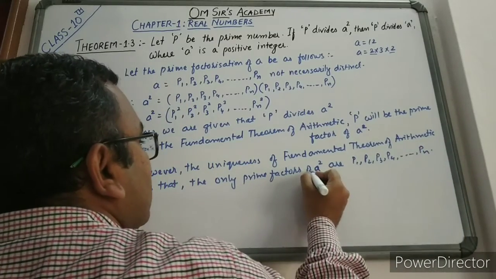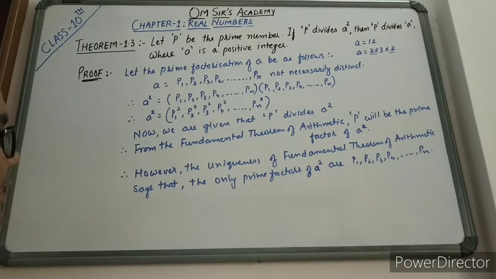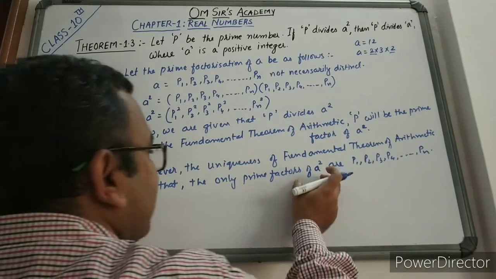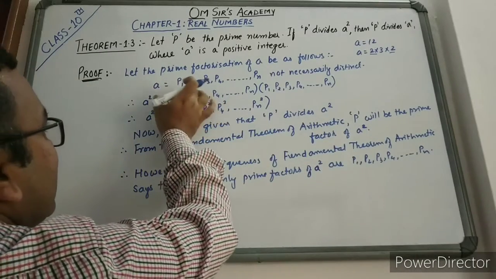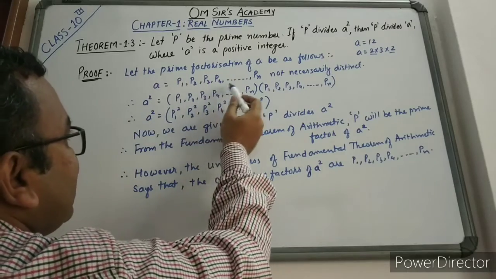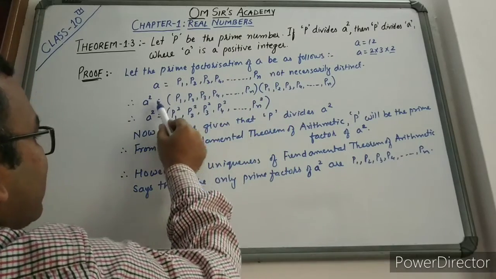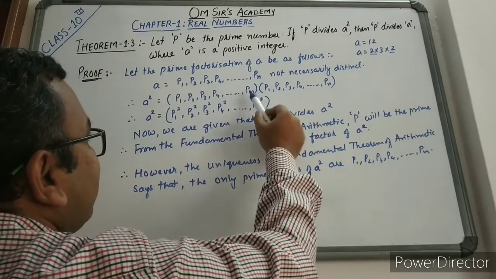Is it clear? So here friends, फंडामेंटल थ्योरम की यूनिकनेस ये बताती है कि ए स्क्वायर के प्राइम फैक्टर्स यही रहेंगे. ठीक है, see what A was: it has the prime factors P1, P2, P3, P4 till Pn. So A square will have these prime factors repeated twice or multiplied twice.